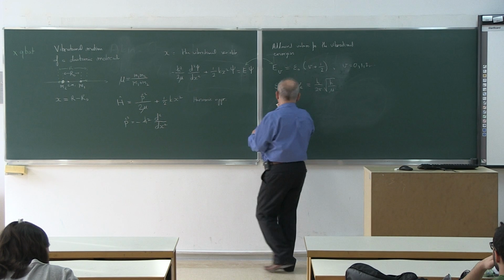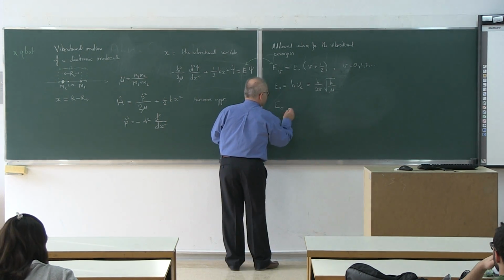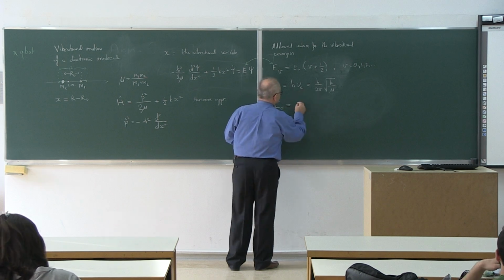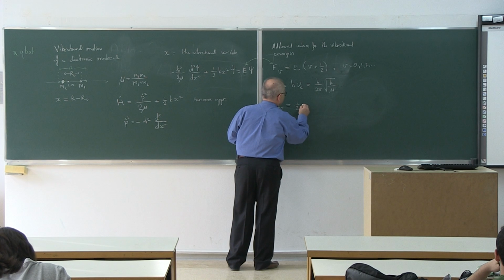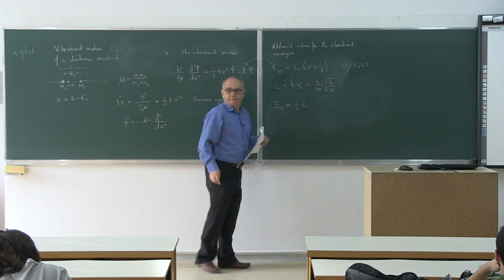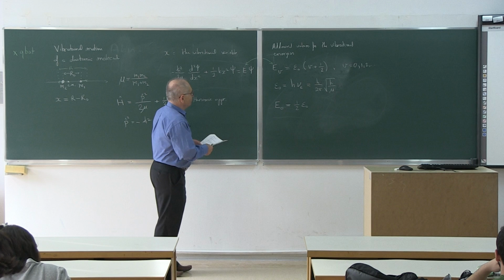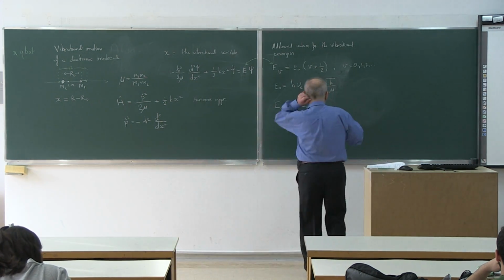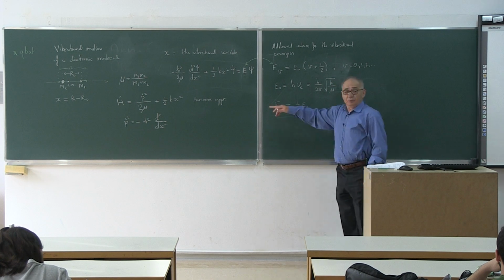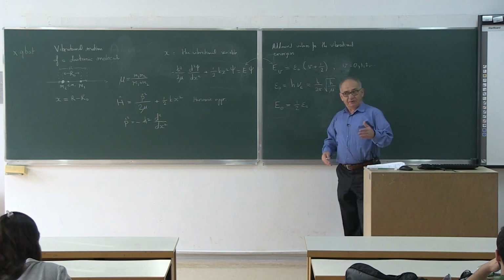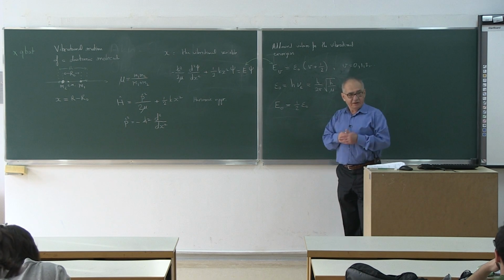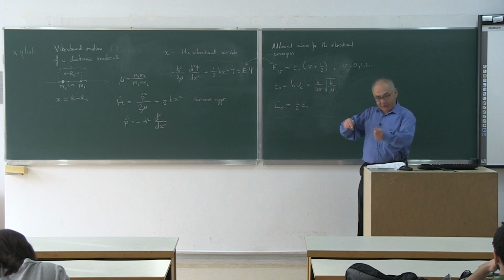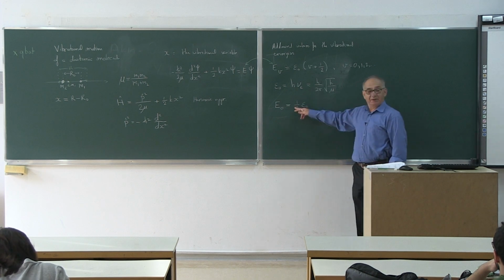So the lowest possible vibrational energy is 1/2 F0. What do we expect for the lowest vibration energy classically? 0, relative to the same reference point. We see that this number is not 0.